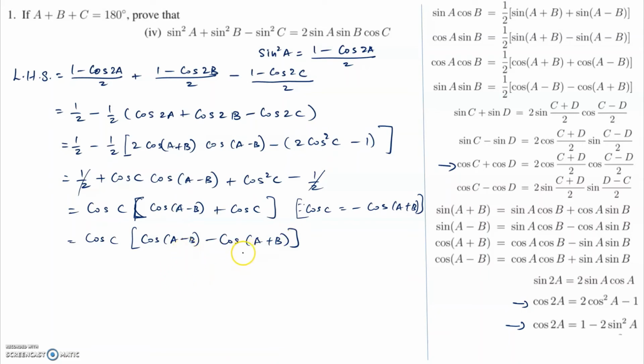So cos (a plus b) minus cos (a minus b), using this formula here, you would now get cos c into 2 times sine a sine b, which if you rewrite this becomes 2 times sine a sine b cos c, which is equal to our right hand side.